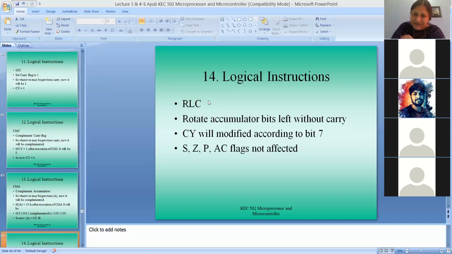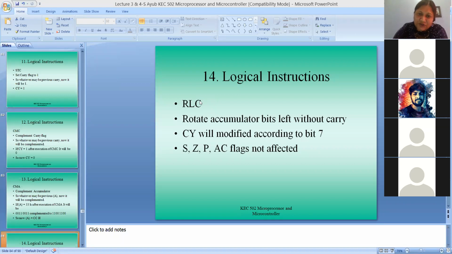If you write C, that means it is without carry. If you do not write C, that means it is with carry. Don't get confused: if there is no C in the rotate instruction, then it is with carry. It is exactly the opposite nomenclature. I don't know why it is done, but it is available as it is, and we have to follow it.